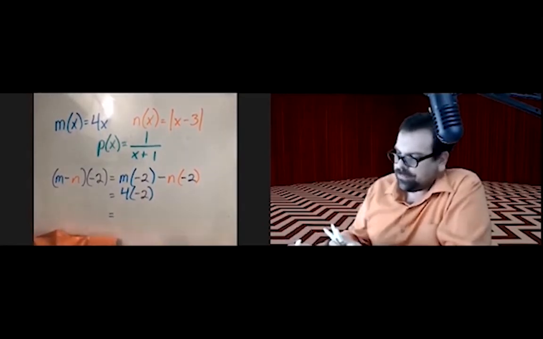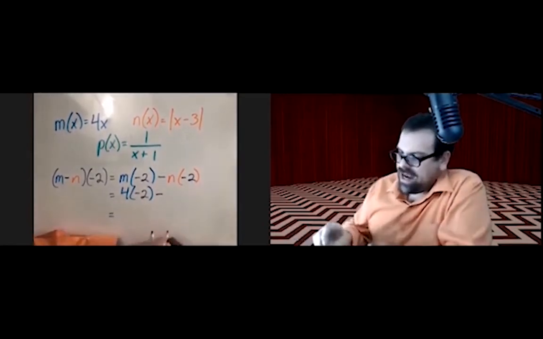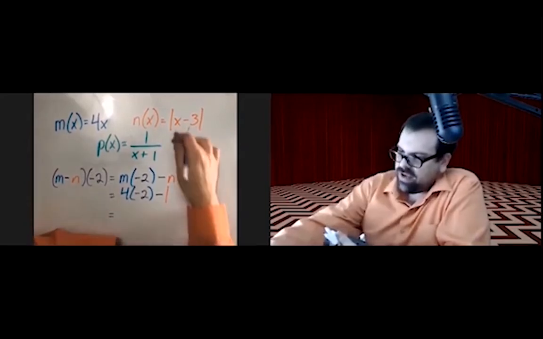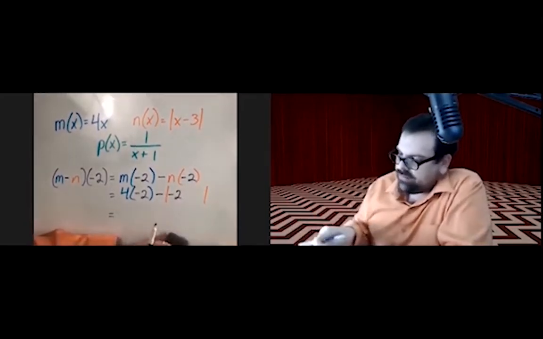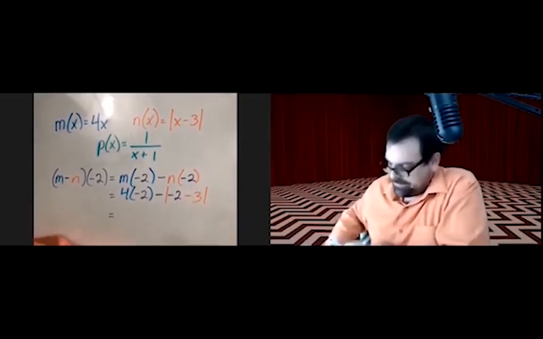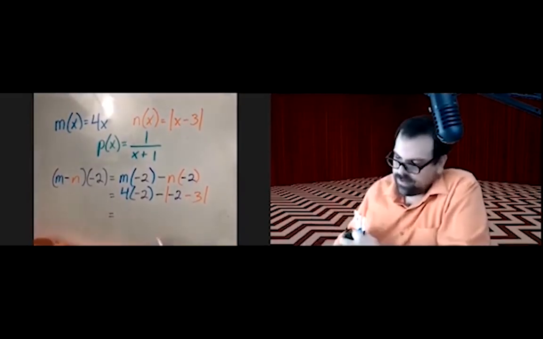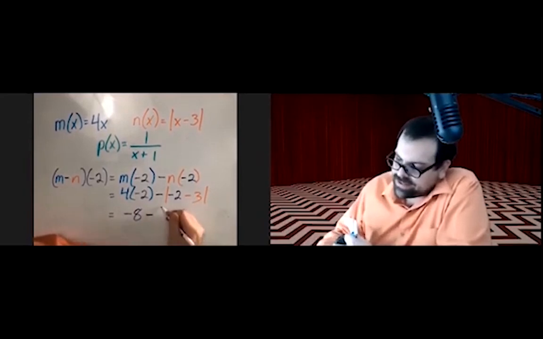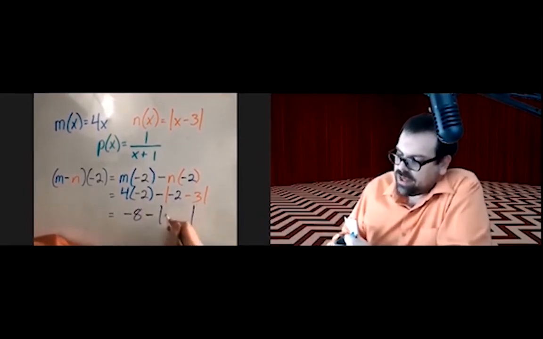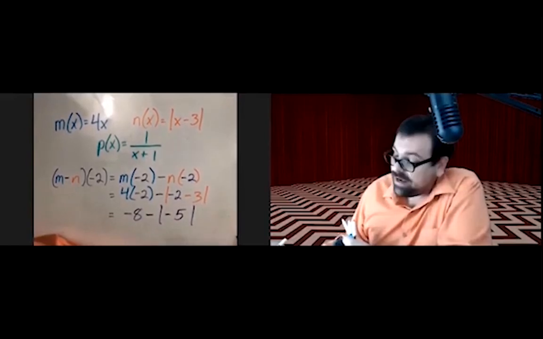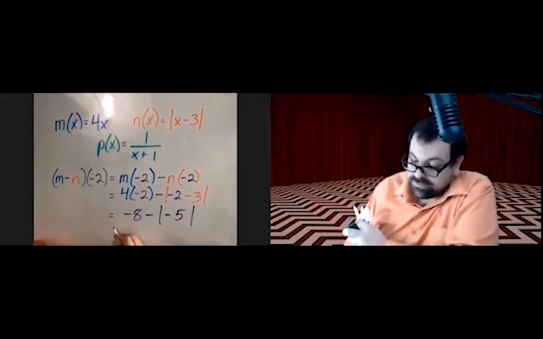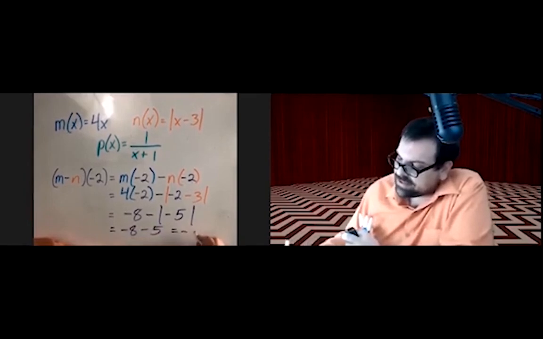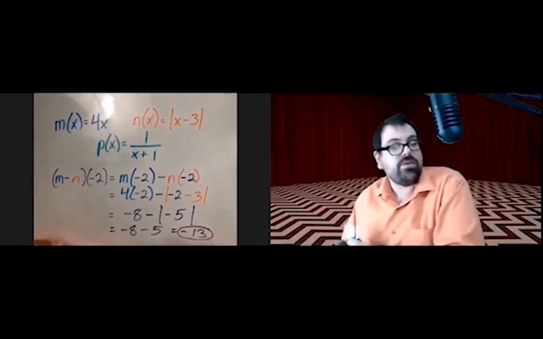The thing is negative 2. Minus n of x, which is x minus 3, would be negative 2 minus 3. 4 times negative 2 is negative 8, minus the absolute value of negative 2 minus 3, the absolute value of negative 5. The absolute value of negative 5 is positive 5, and negative 8 minus 5 is negative 13.